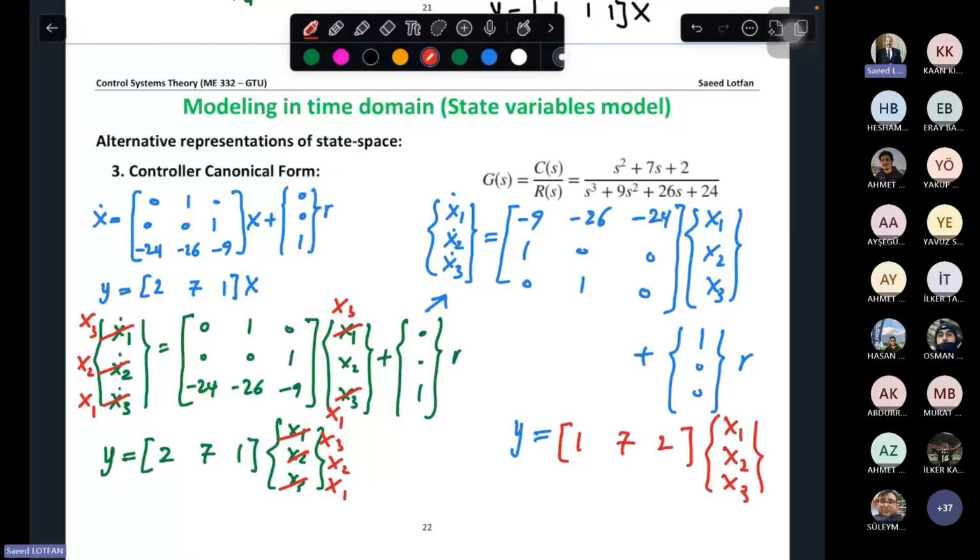So in the controller canonical form, what we do is to show it as phase variable first, then change the order of the x variables from 1 to n to n to 1, and then represent them again from 1 to n. But this time, the matrices and the vectors will change their order for sure.